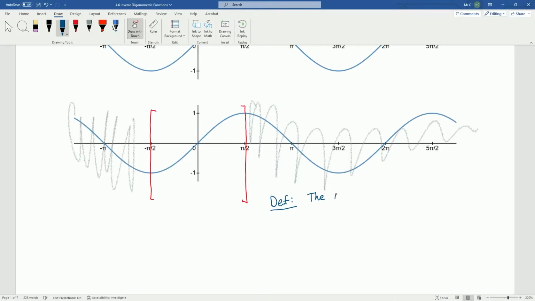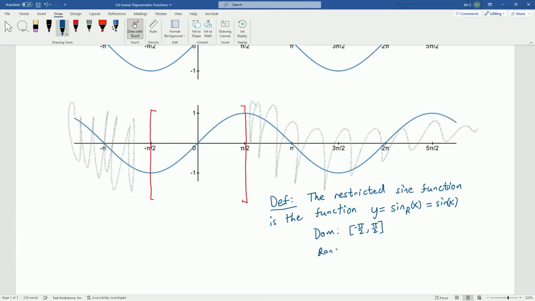The restricted sine function is the function y equals, and I'll put sine sub r of x, which is equal to sine of x under the condition that the domain is restricted to being between negative pi over 2 and pi over 2, and the range is, of course, still the same. We're still hitting every output.